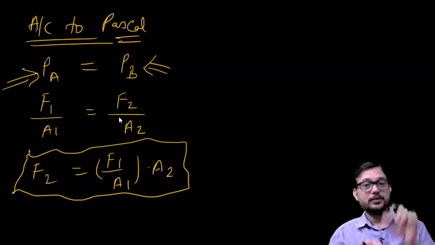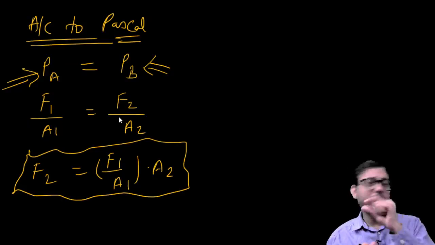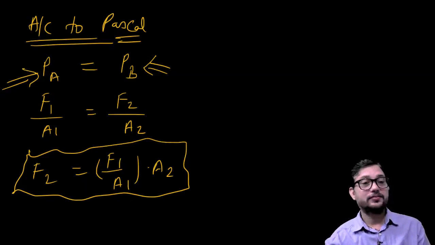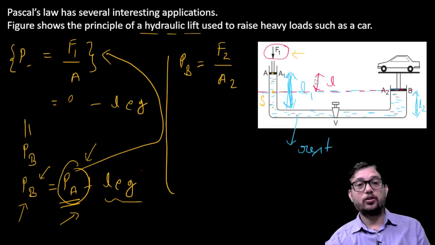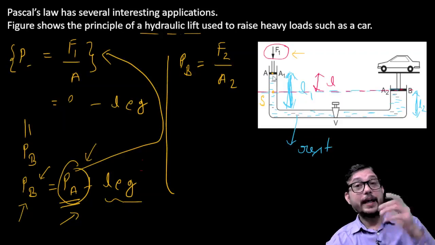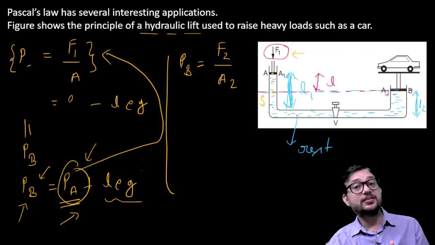It means only a small amount of force at column A can result in a great force at point B.